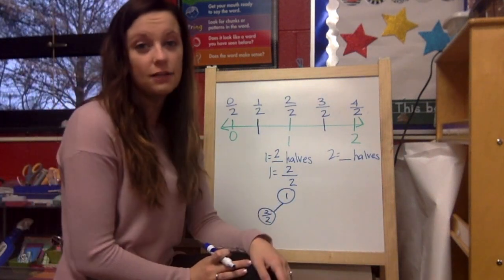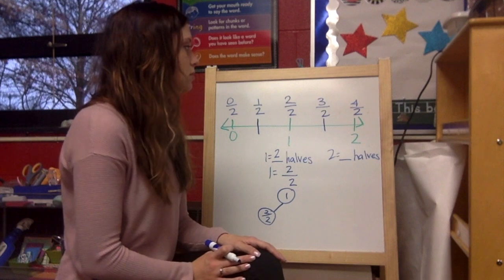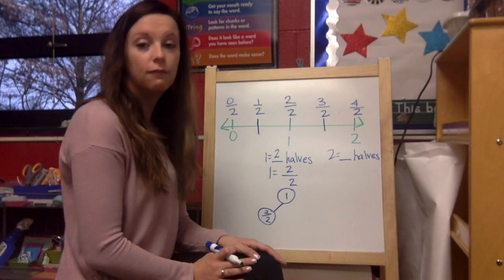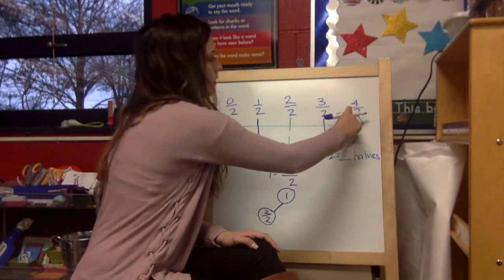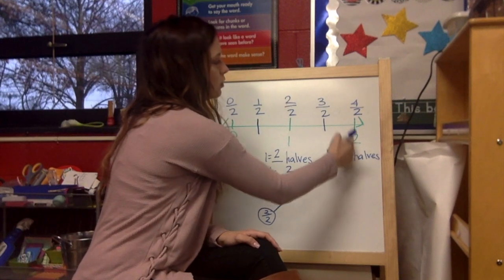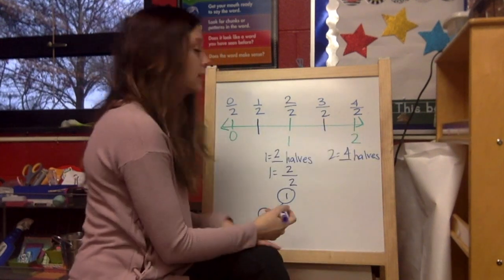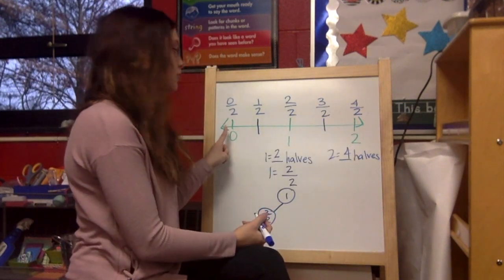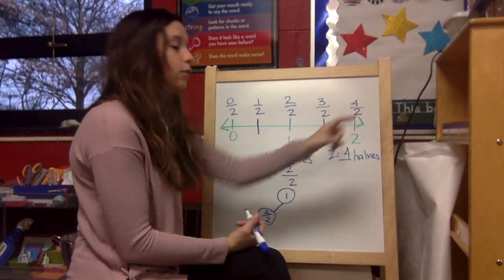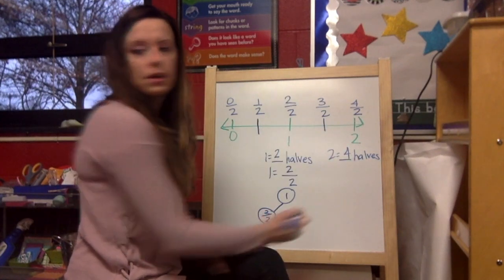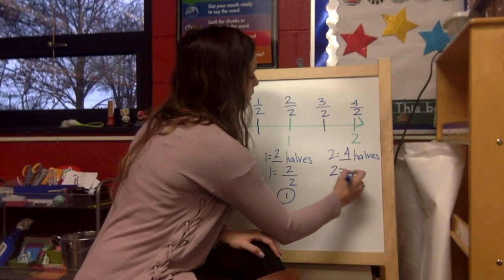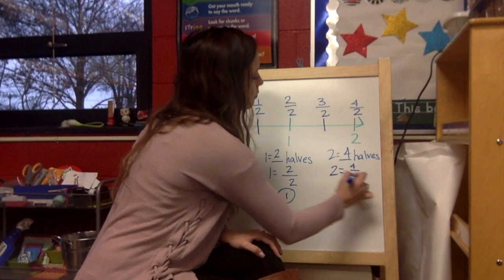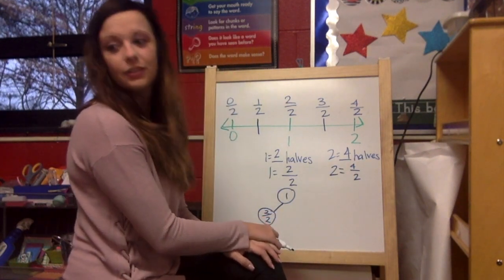So how many halves are in 2 whole? 4 halves. See? In 2 there are 4 halves. If you started back at 0 and counted, you would count 1, 2, 3, 4 halves in 2 whole. Then they already did this part for you. 2 equals 4 over 2, 4 halves.